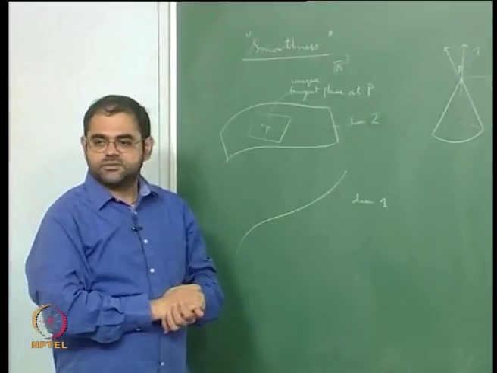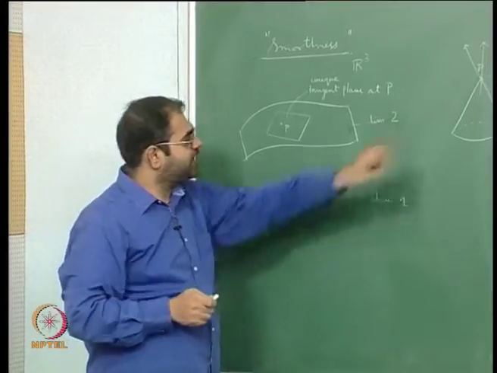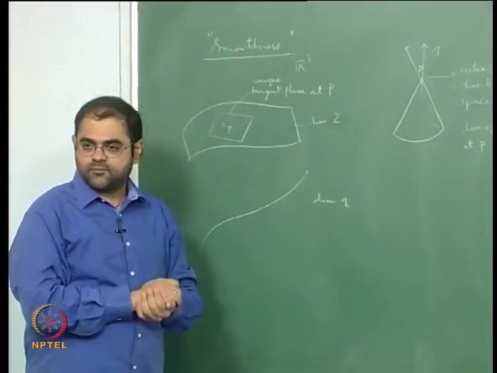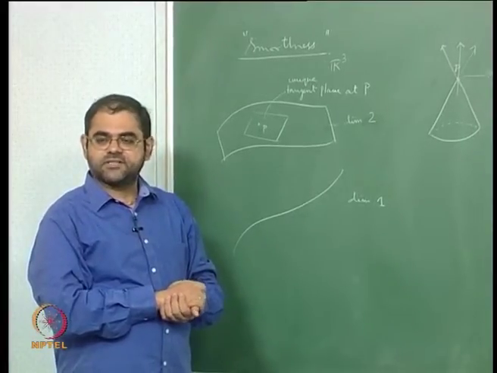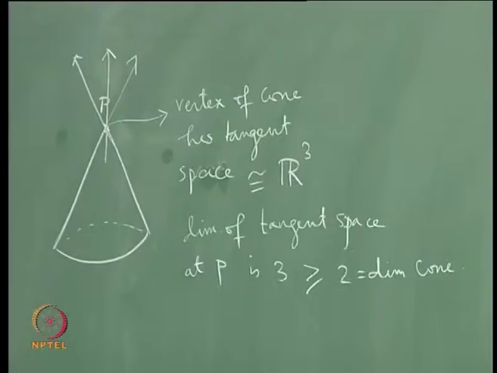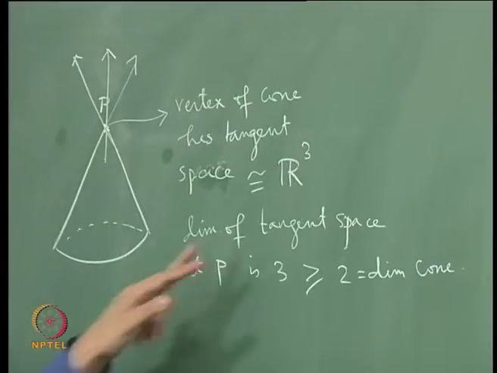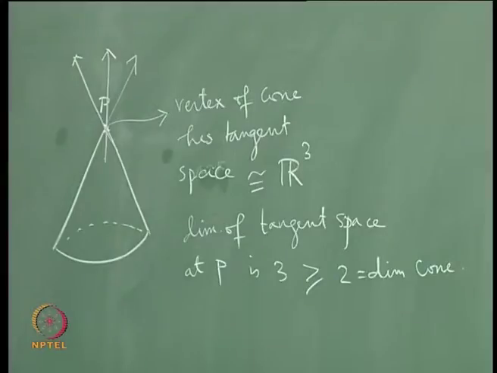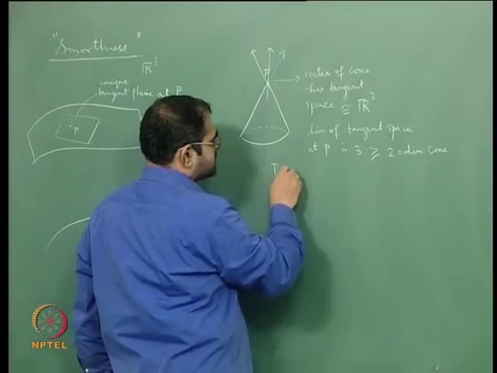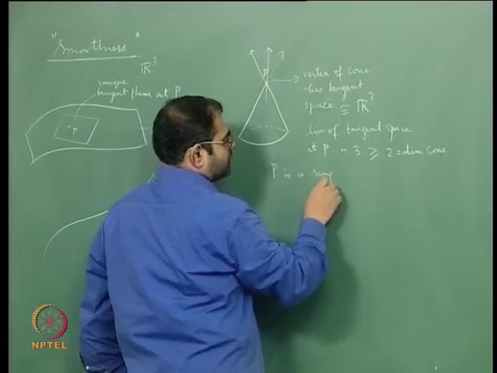The cone is 2 dimensional, but you take that point which is the vertex of the cone, and there you look at the tangent space, namely the vector space spanned by all tangent vectors. The tangent space is 3 dimensional, so the tangent space dimension is more than the dimension of the cone, and so this tells you that P is a singular point.